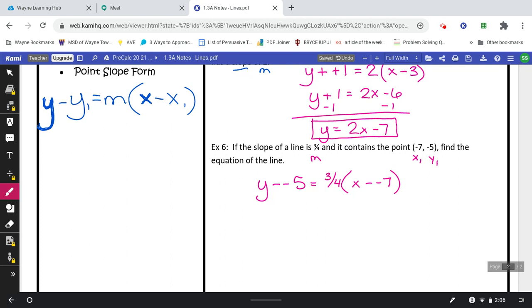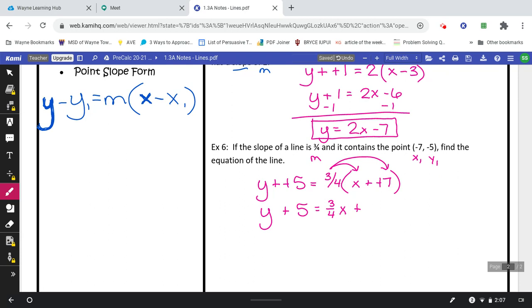The double negatives will turn positive. And then I'm going to distribute. And this is where things can get a little bit confusing if you don't have your calculator handy. We're going to multiply 3/4 times x. That's just 3/4 x. Nothing fancy there. However, when I multiply my 3/4 times 7, that's when I'm going to want to use my calculator.